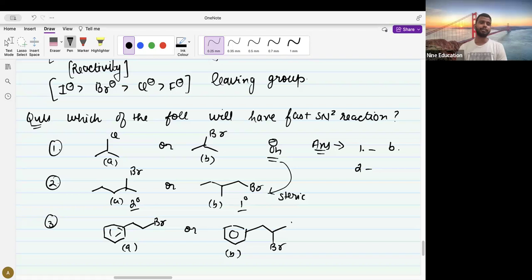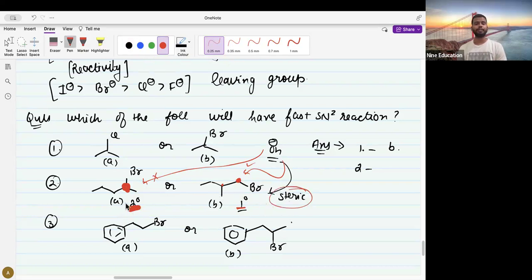This carbon is attached to 2 carbons, therefore 2 degree alkyl halide. This carbon is attached to only 1 carbon, therefore 1 degree. So if you attack here, it will be easier. And here if you attack, it will be more difficult because it is 2 degree, with more steric hindrance.